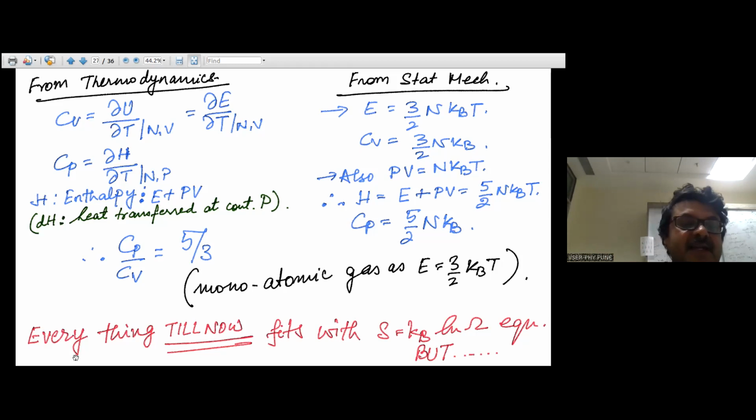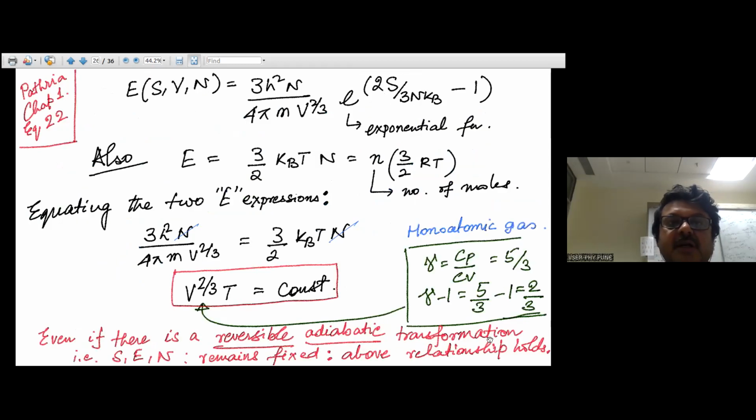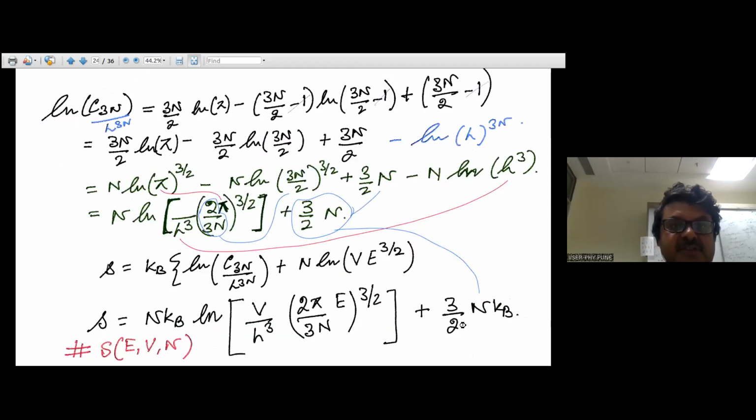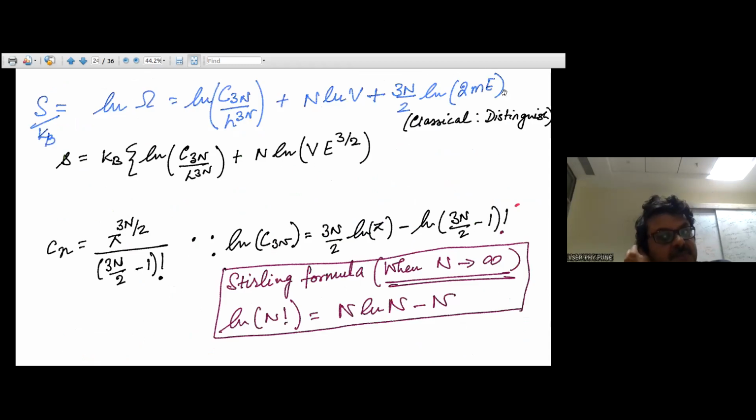So what I want to end the class with today is that everything till now fits with the S equals kB log omega equation, but using the classical expression. So here, whenever I use this expression, I am using the classical expression for entropy where the particles are considered distinguishable.